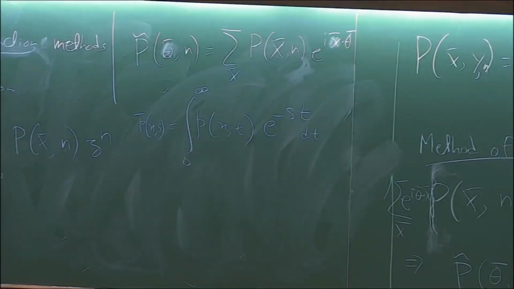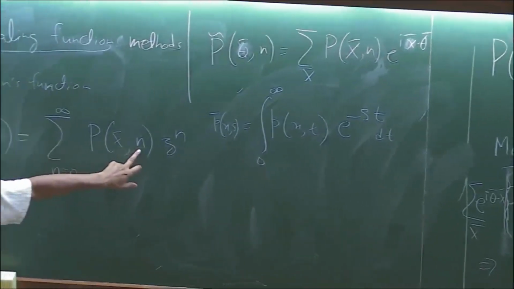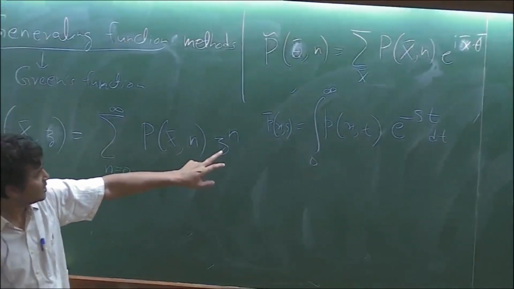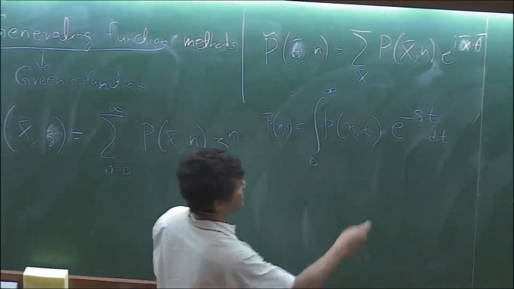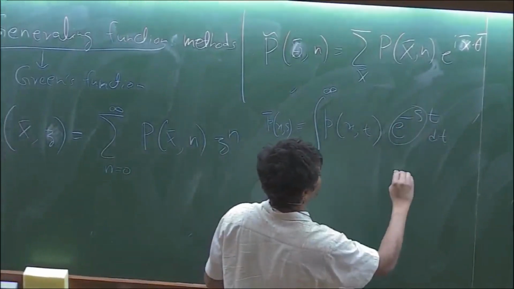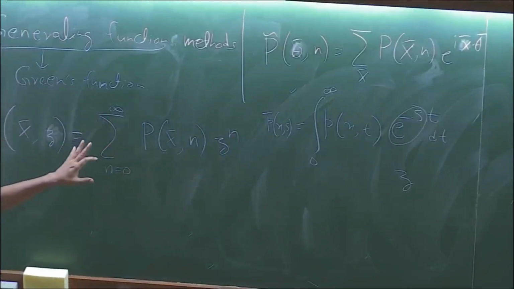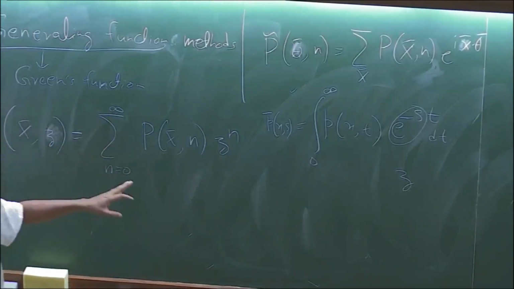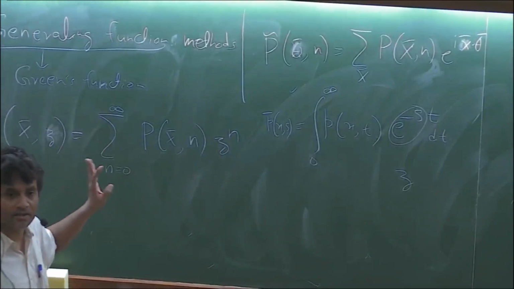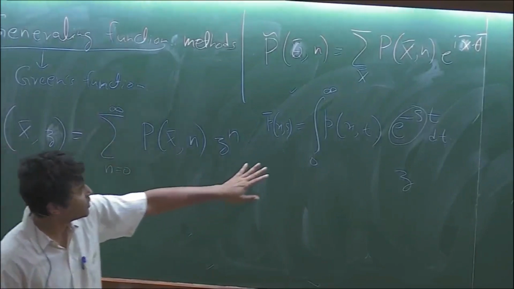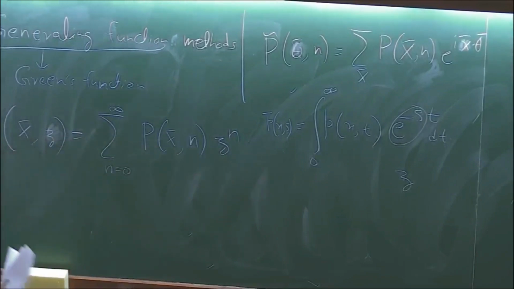Here you're doing something similar, except n was discrete, so you can't do an integral. Instead you put a factor z to the power n and sum over all positive n. Since n is time, it goes from 0 to infinity. So this is the definition of the generating function for the random walk.